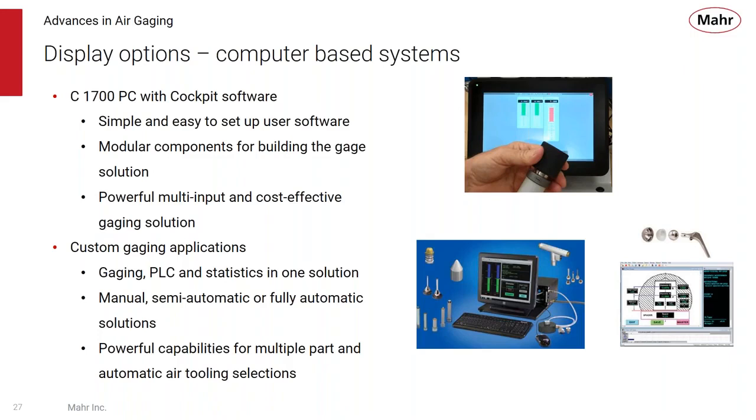But we have some more powerful custom gauging applications, which have the gauging, the PLC, the statistics, etc., all in one solution, being part of a manual, semi-automatic, or fully automatic solution. So powerful capabilities for multiple part and automatic air tooling selections.